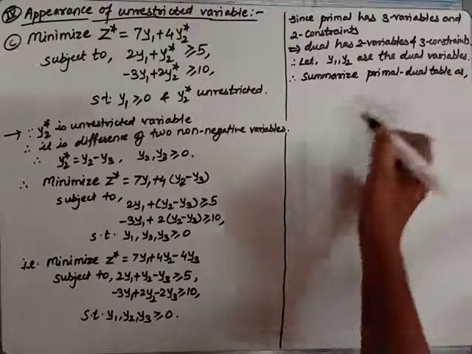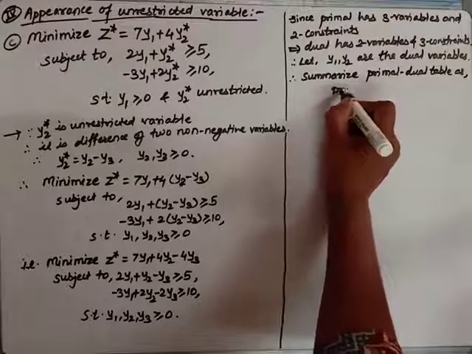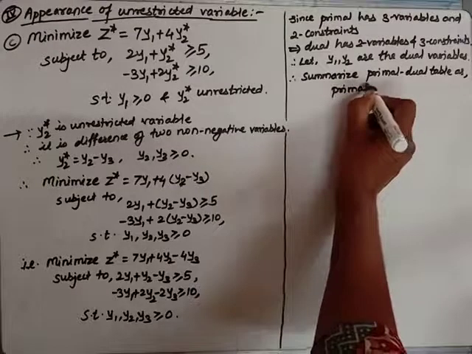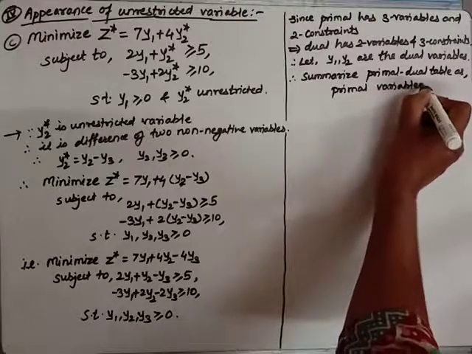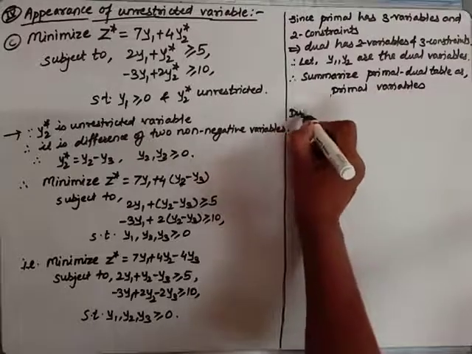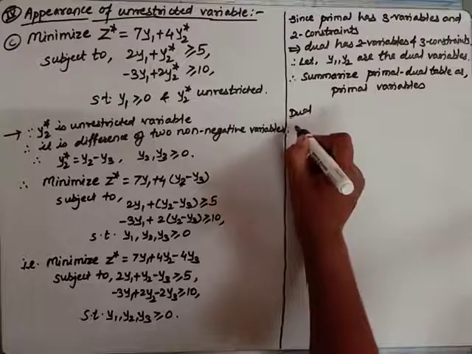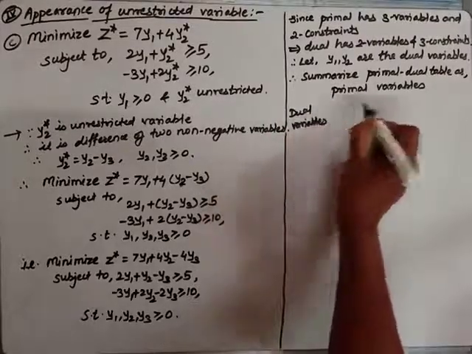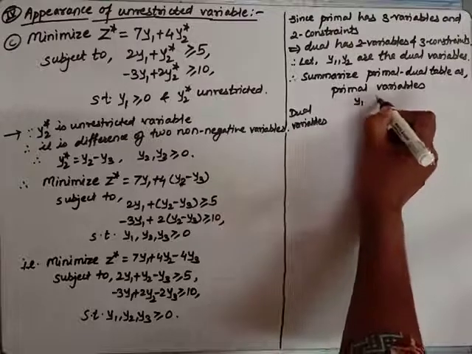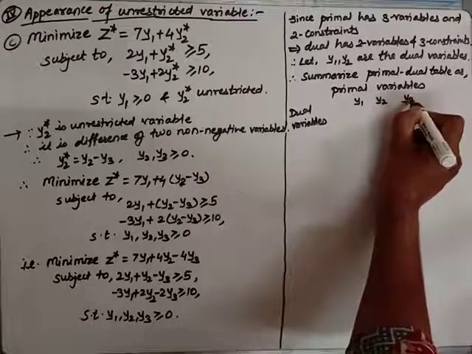As it will be, primal variables here, dual variables. Now primal variables are y1, y2, y3.